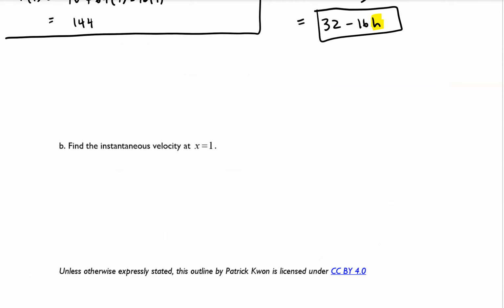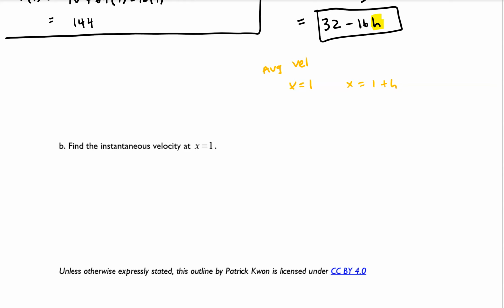Part B says find the instantaneous velocity at x equals 1. So basically what we did in part A was we found the average velocity from x equals 1 to x equals 1 plus h. But we want to find the velocity exactly at x equals 1.